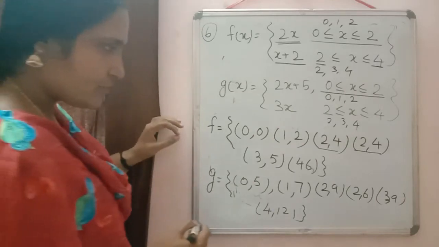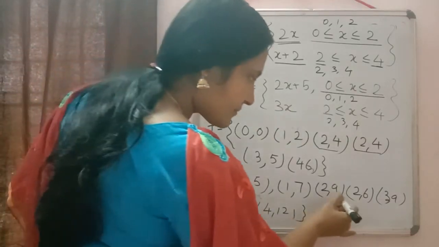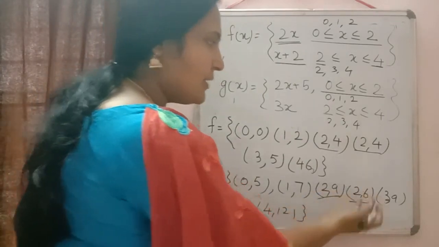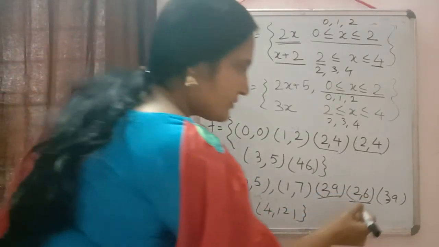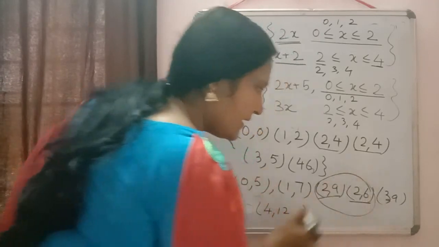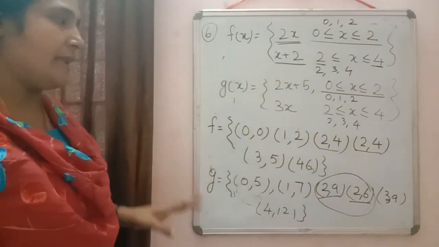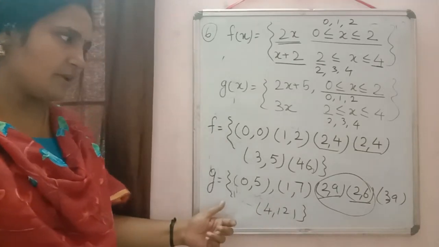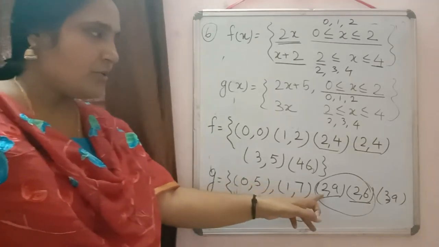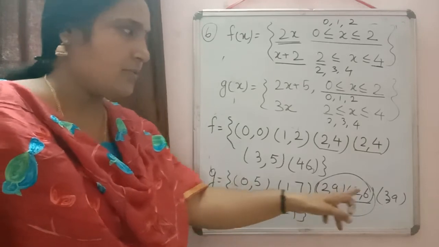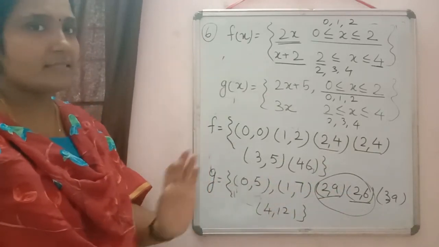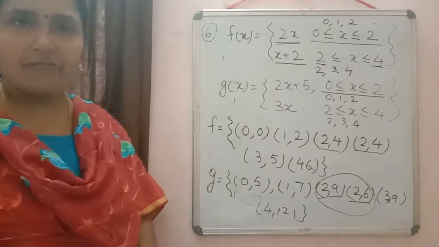But here in this one you can just check: 2 is related to 9 and 2 is related to 6 also. The first element is related to two different elements. So g is not a function. The reason you can write down there is because 2 is related to 9 and 2 is related to 6 also. In this way we can justify why it is not a function.